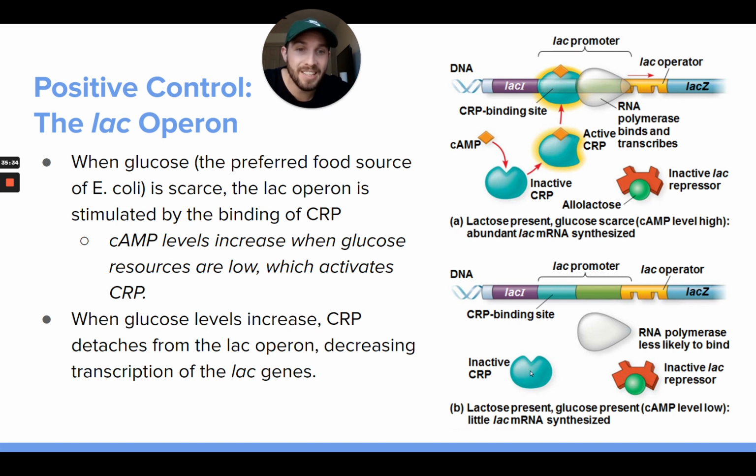So it's inactive, and maybe there's lactose present. If there's lactose present, the repressor protein would be inactive. And so now you have a situation where the repressor protein is not binding to the operator, but neither is the activator protein. So this would probably lead to a situation where these genes are not really being used a lot, maybe not at all.